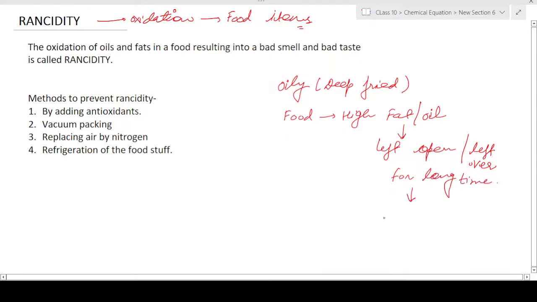The oxygen present in the atmosphere will react with the food, and this will cause oxidation. This oxidation is called rancidity.